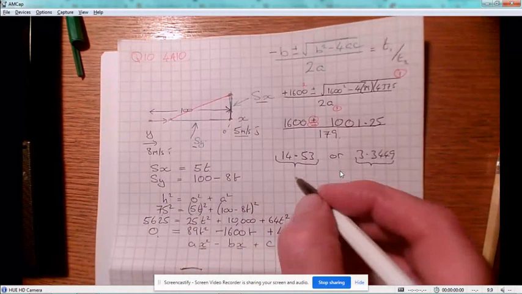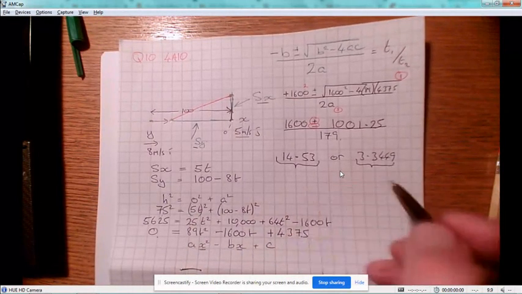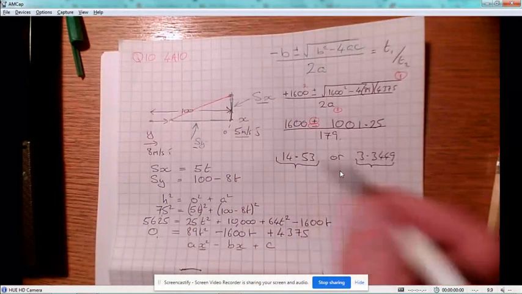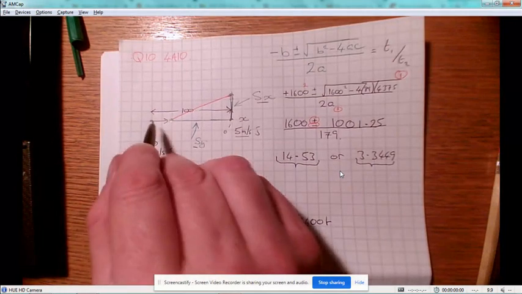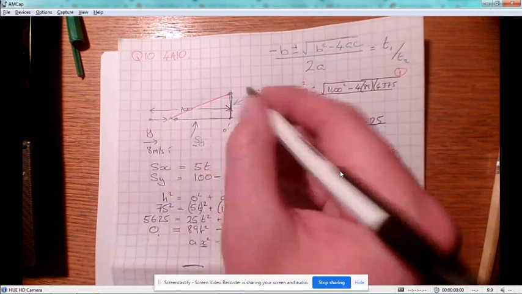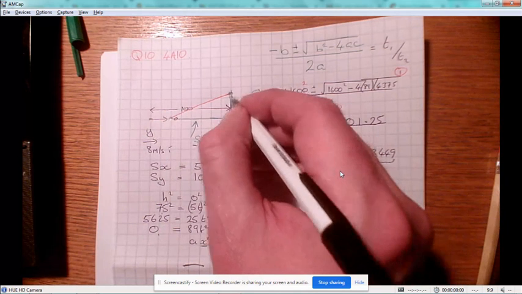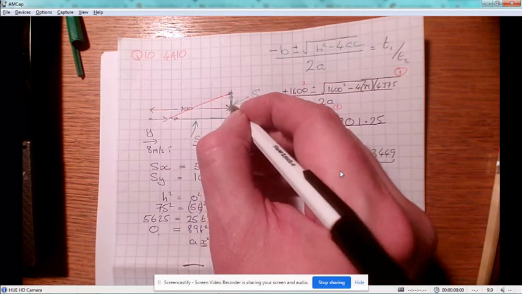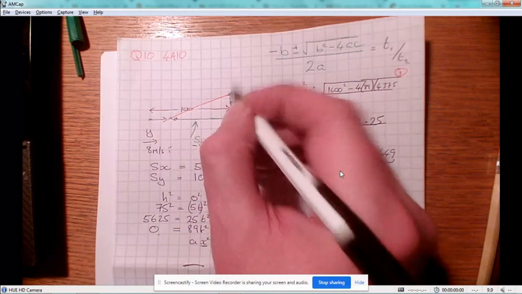So what these two times are, is the times when y will be 24 meters along, so it'll be about there, and this will be 15 meters, so I'm guessing this, making it up completely.